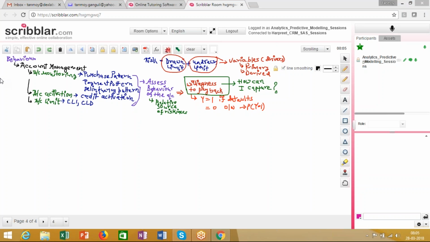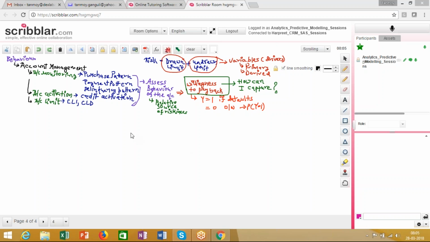Okay, so as we had started discussing, the behavior scorecards. Our approach was that we started off discussing different kinds of products, and within those products, we started exploring the different areas where the models would be developed.